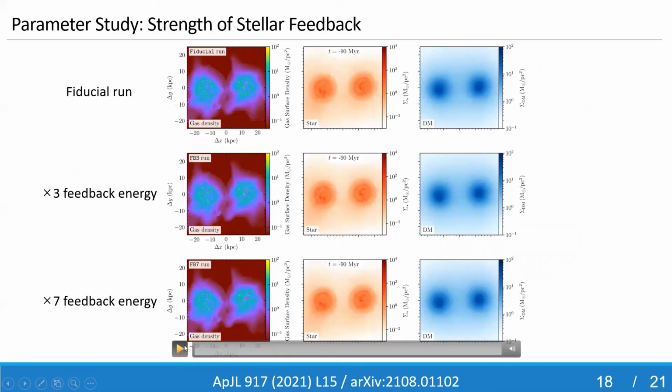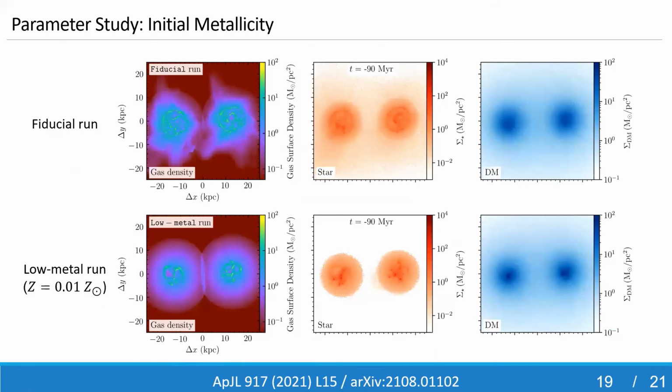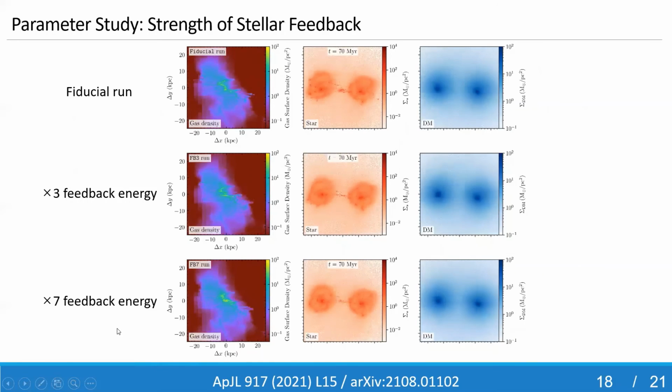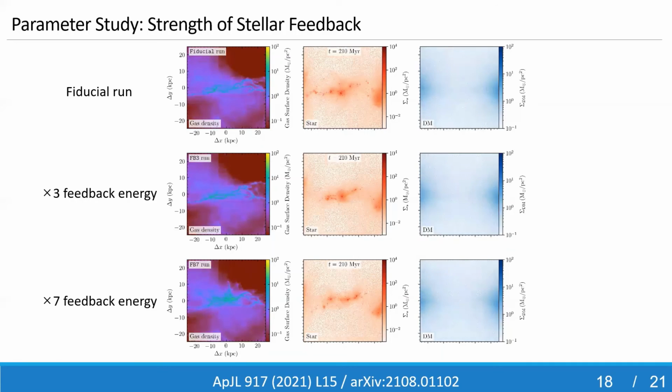Now I'm going to present a parameter study of DMDG formation. We performed several simulation runs with different stellar feedback energy and initial metallicity. In this movie you can see that a series of runs with different stellar thermal feedback energy creates, indeed, DMDGs and star clusters, but in the run with stronger stellar feedback, the produced DMDG has less stellar mass and a more dispersed shape.